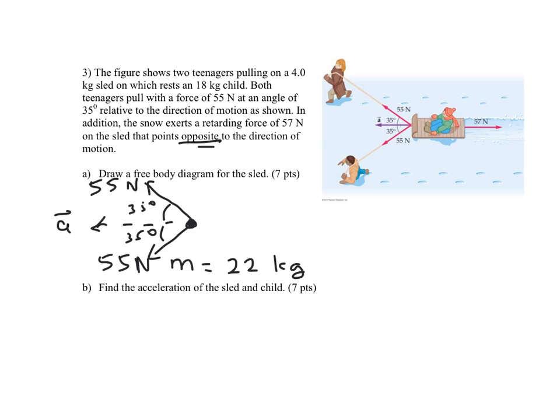Now the drawing shows you that you also have a third force due to the effect of the snow on the bottom of the sled, and this force is pointing in the opposite direction, 57 newtons. So those are the three horizontal forces acting. Now, since we are looking from the top down, if you ask what about the weight, it is pointing into the paper.